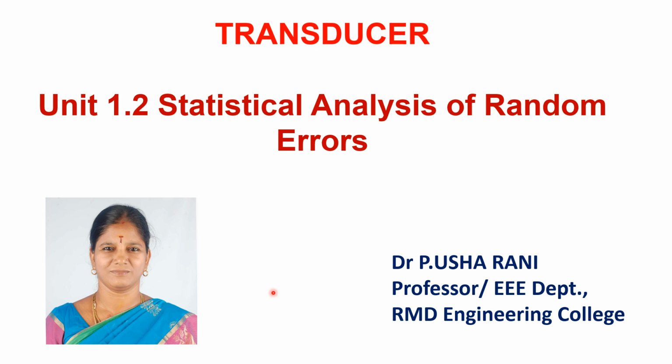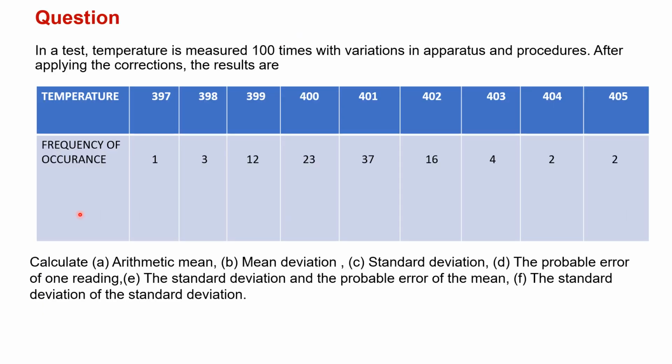Here we are going to see one example sum. The question given in a test: temperature is measured 100 times with variations in apparatus and procedures. After applying the corrections, the results are given in a tabulation.